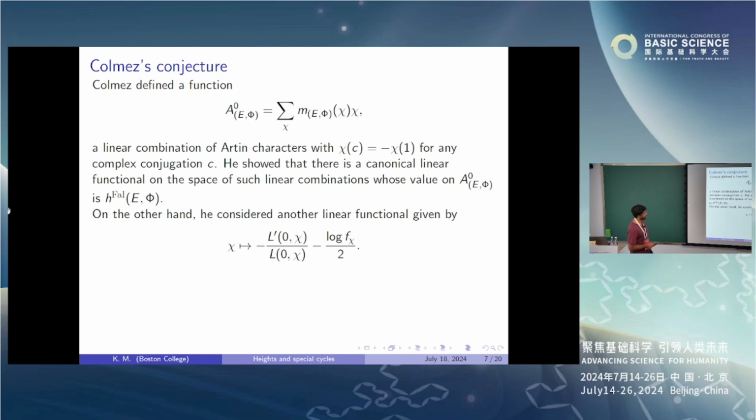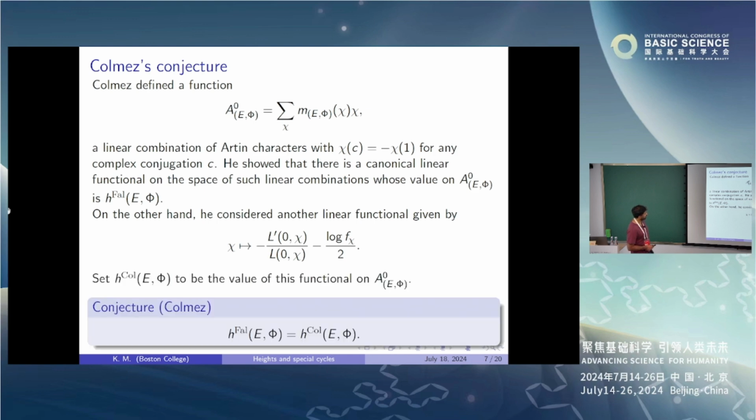So there's a functional you can define, as I said. So this L0 chi is a non-zero quantity, and it makes sense. So you can look at this functional on these Artin characters, where this is the Artin conductor.